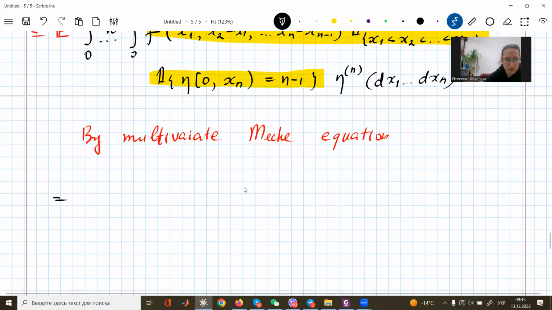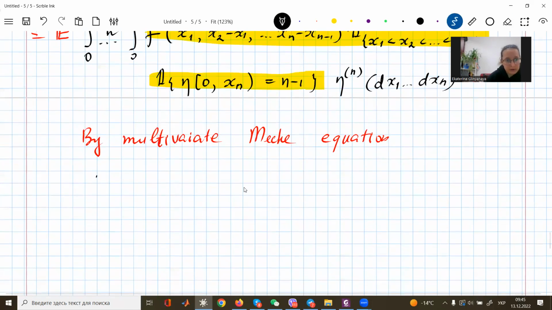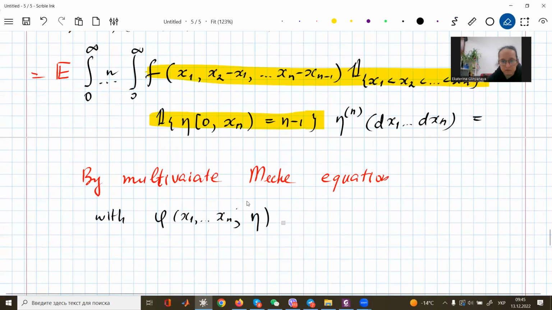So let's write phi of x1, ..., xn and measure eta is equal to, okay, let's write here mu, some measure mu.